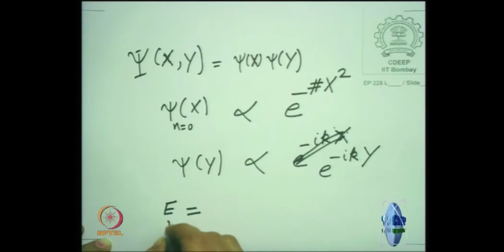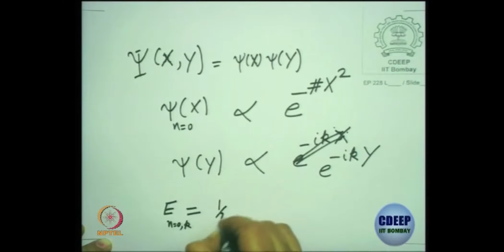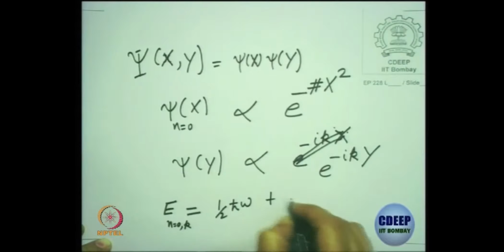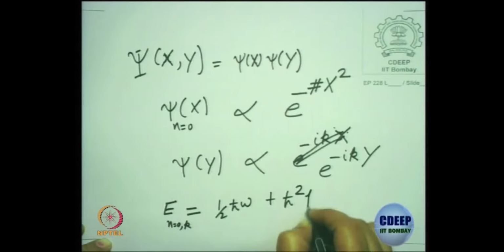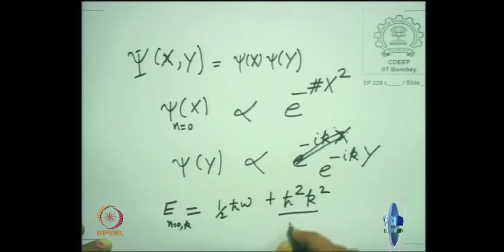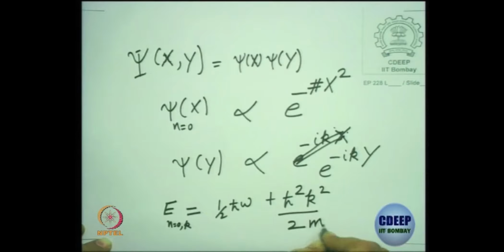For n equal to 0 and a specific k, it is half h cross omega for the X piece, and then h cross squared k squared over 2m. Is that clear?